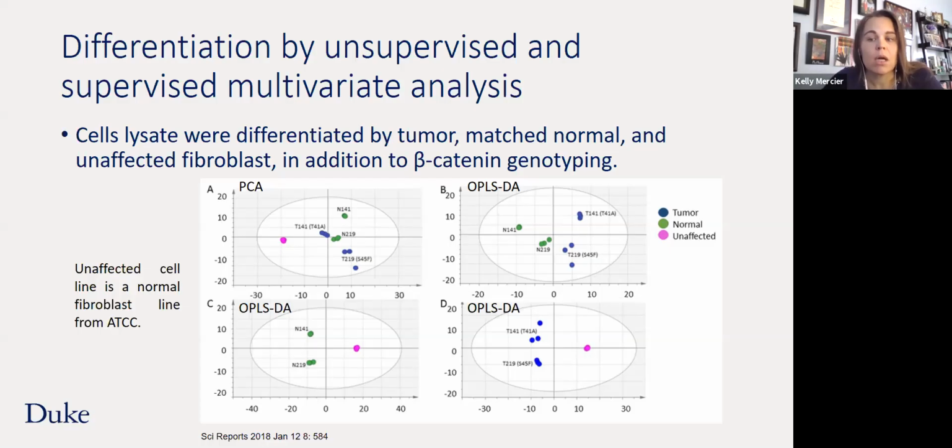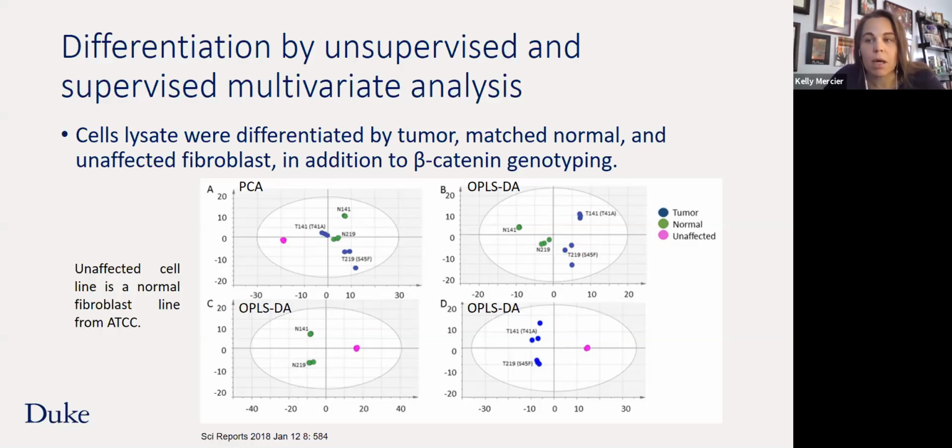We found that not only the cell lysate from each one of these groups was highly reproducible by the analytical technique that we were using, which was NMR, by an unsupervised analysis, but we were also able to see that in the supervised analysis, we were able to differentiate them all.